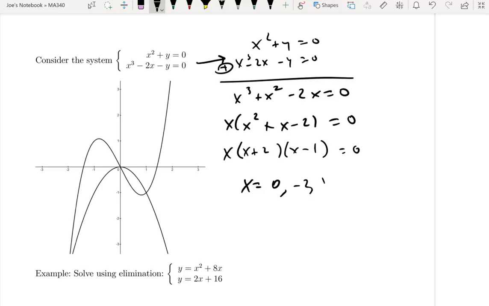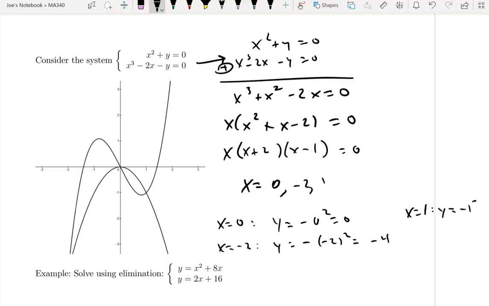The top one, right? So if x equals 0, we have y equals, I'll move the x squared over, negative 0 squared, which is certainly 0. Put in negative 2, you should get negative 4. And if you put in 1, you should get negative 1. I just used the first equation and moved the x squared over, right? So you get y equals negative x squared.